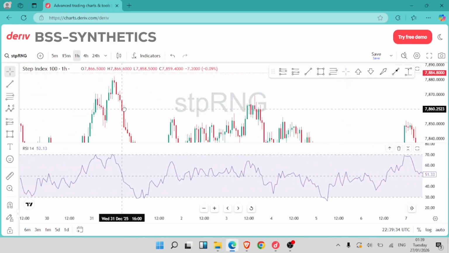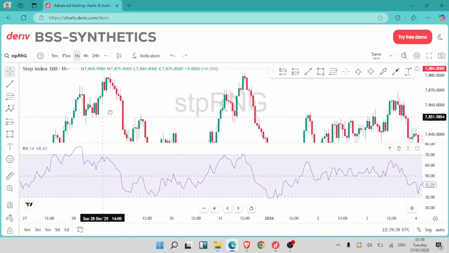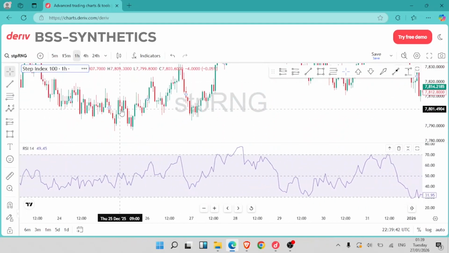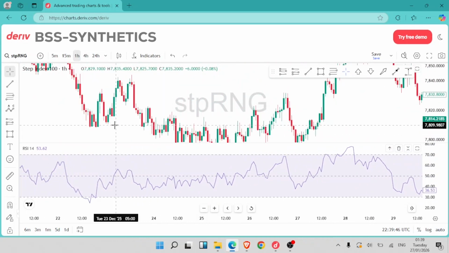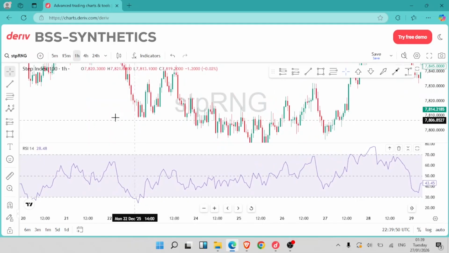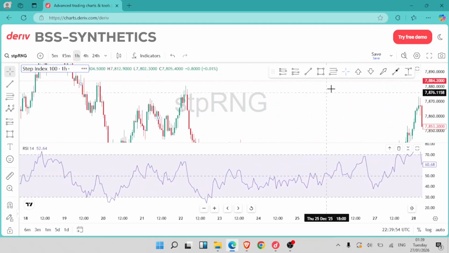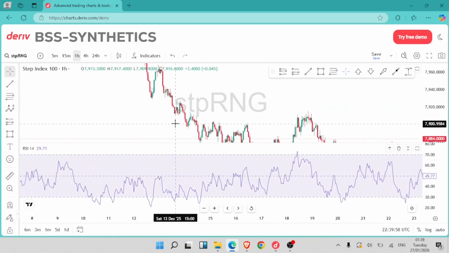We only take trades when the price is in the oversold or overbought zone after the formation of an engulfing pattern, whichever direction. It can be a bullish engulfing pattern or a bearish engulfing pattern.